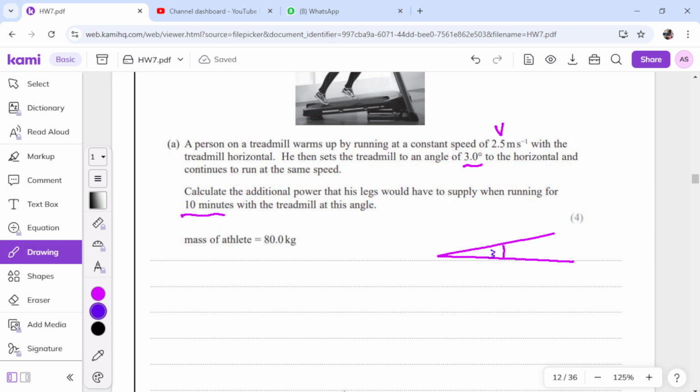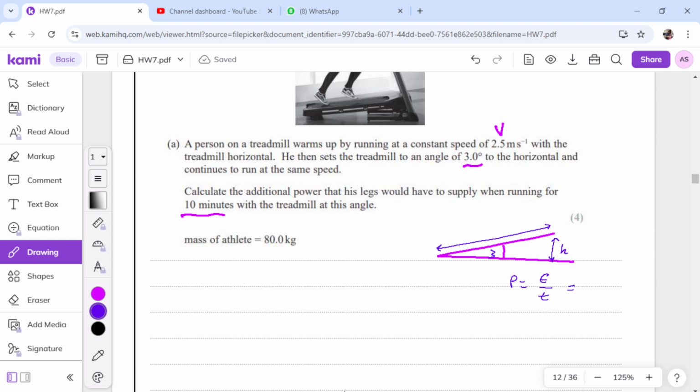First we have to know the distance moved, to know the height, and of course power equals energy over time. In this case we have two types of energy, kinetic energy and gravitational potential energy due to the increase in height. But we can't use kinetic energy because he asks for the extra power needed, so he talks about the increase in gravitational potential energy.